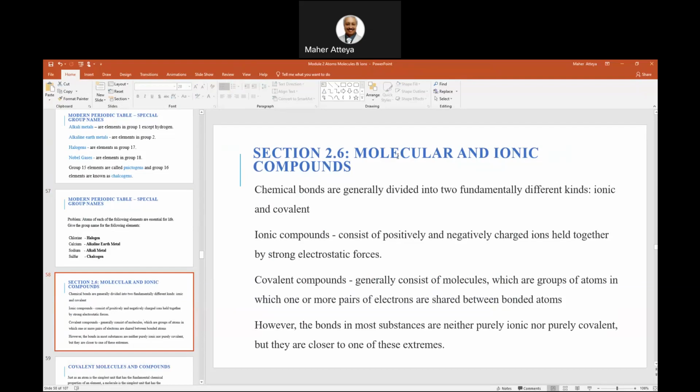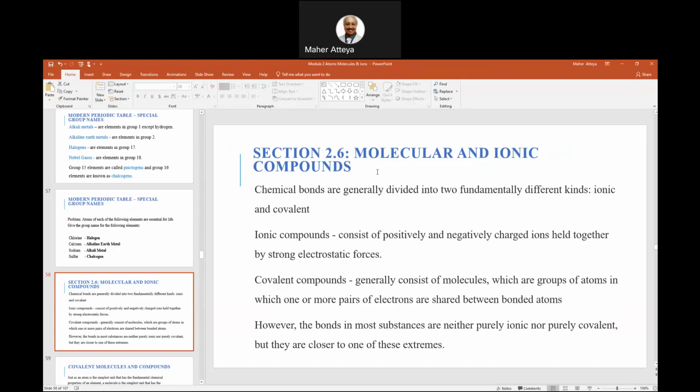The condition for covalent is a combination of two nonmetals or more with each other. So covalent is nonmetals exclusively, and for ionic, you have to have a metal present inside. That's the difference between ionic and covalent.